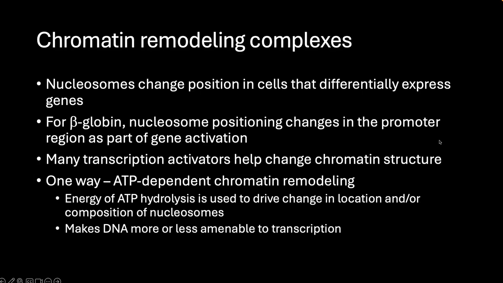One way that this happens is through ATP-dependent chromatin remodeling, which, as the name suggests, uses energy to change the location and/or the composition of nucleosomes, thereby affecting the rate of transcription.